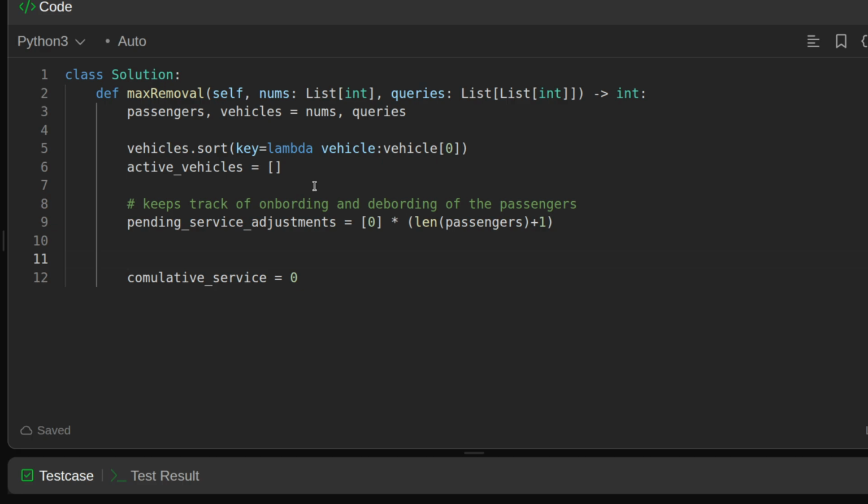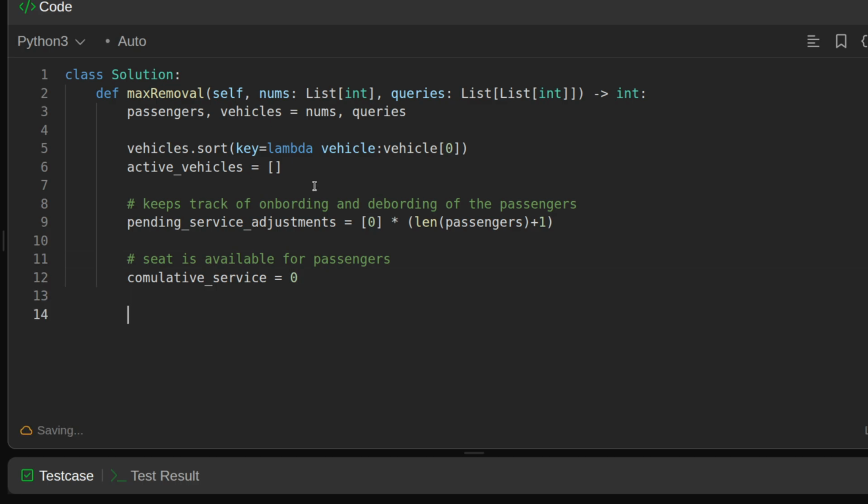This simply means how many vehicles are currently serving, so this means that vehicles are available to passengers. Vehicle or seat is available for passengers, right?